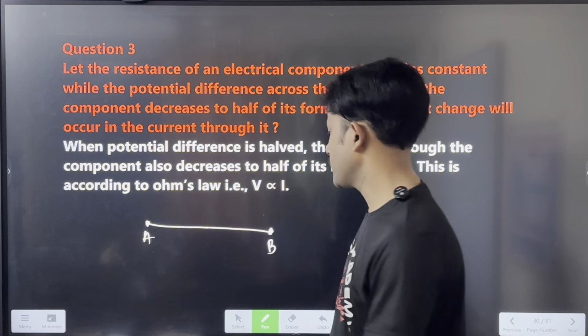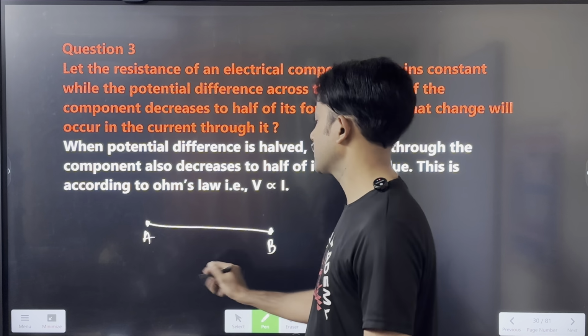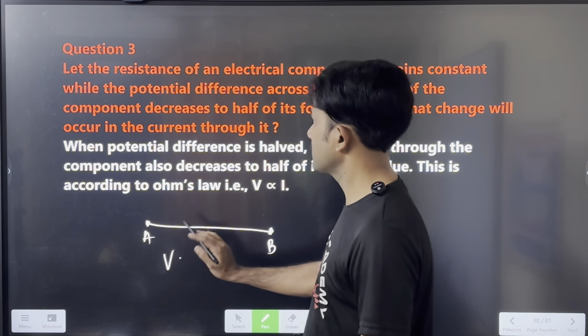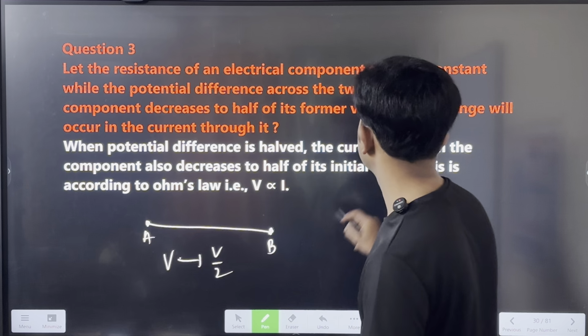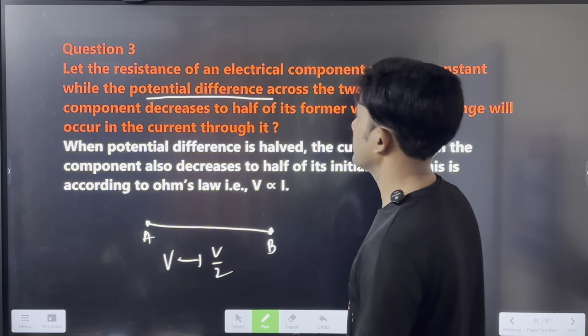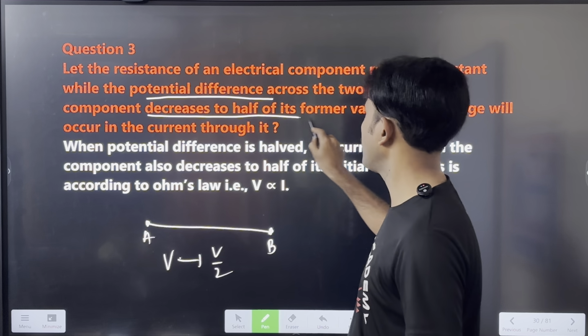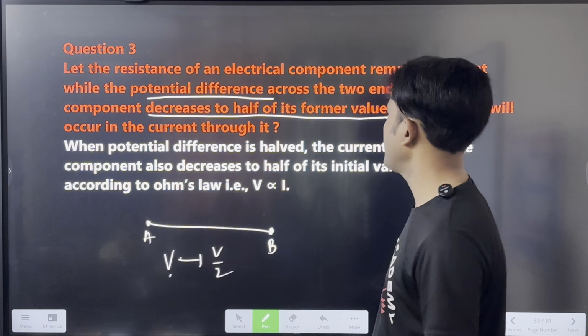Charge flows from high potential to low potential, and the voltage difference between the ends of the conductor is, let us say, V. When V becomes V by 2, the potential difference across the two ends of the component decreases to half of its former value. Means voltage decreases to V by 2.